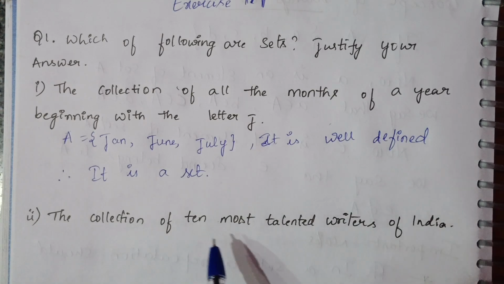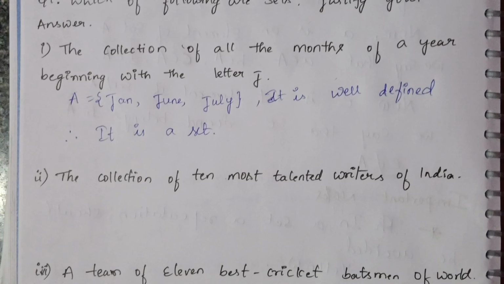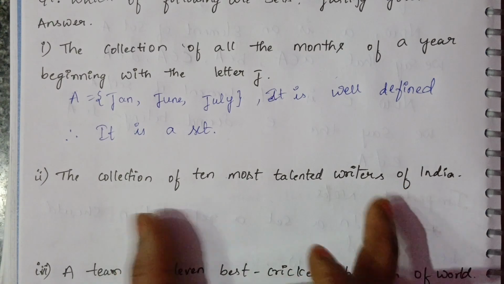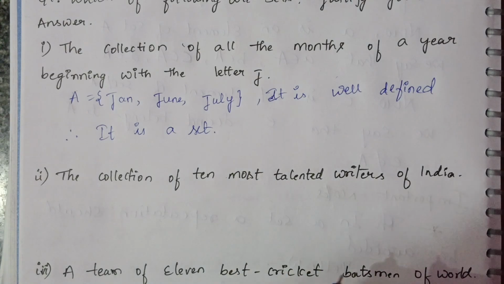The collection of the 10 most talented writers of India. If you ask in my perception, I will tell some names. If you ask in your perception, you will tell some names. So it is not well defined. Why? Because it varies from person to person.